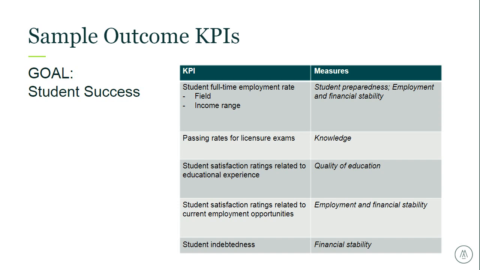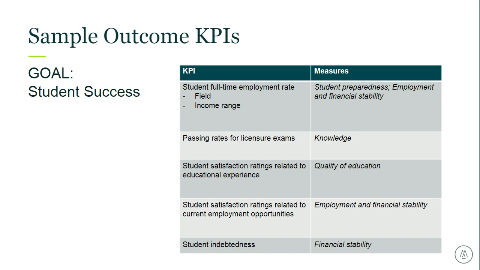Again, thinking, as part of holistically preparing for student success, you may be defining that in terms of the knowledge that we're giving them, how well they are prepared for employment, but also how well are they prepared financially to be successful so that their education is not something that is going to be holding them back due to debt. And so again, you can see here how this would be something where you would really want to tailor this to your particular goals, but that's just one example that we have here.